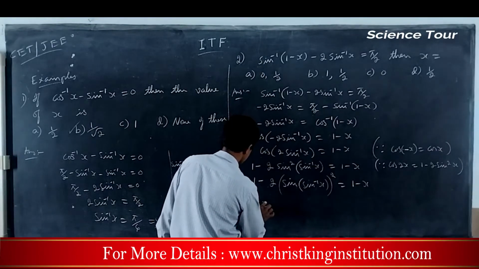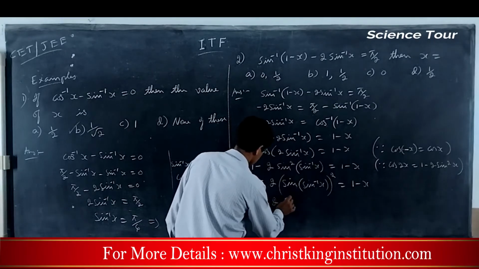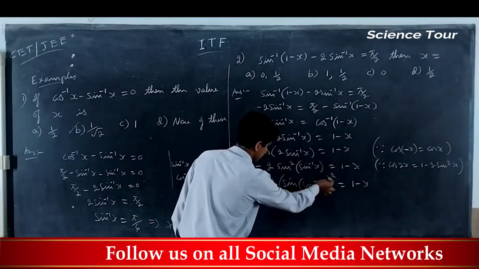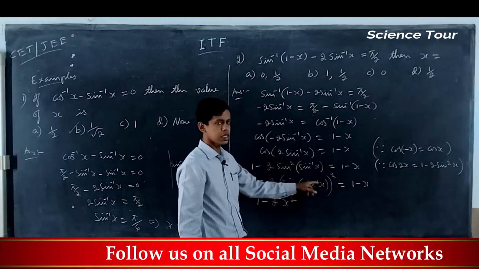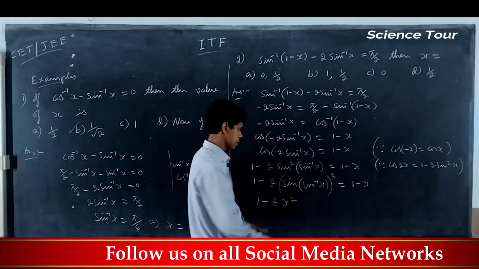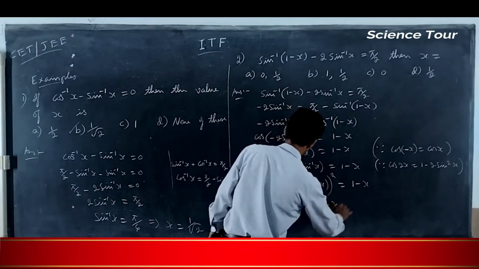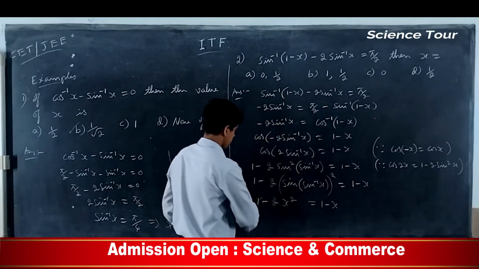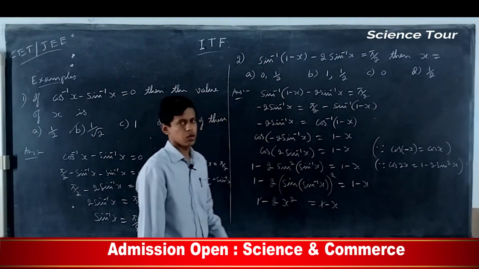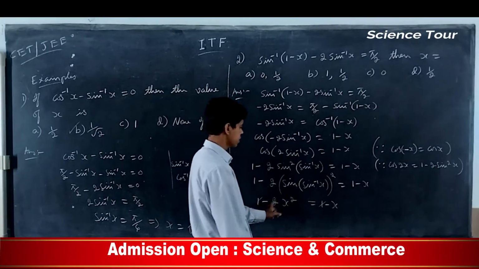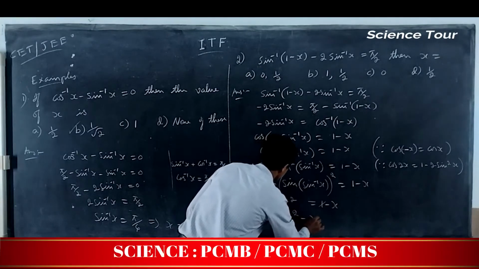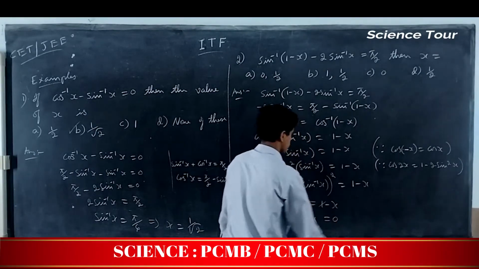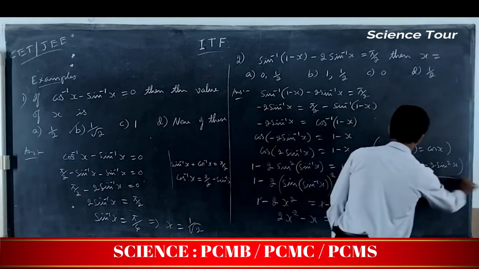So 1 minus 2x square, because sine of sine inverse x is x and that square is there, is equal to 1 minus x, correct? Now we can cancel 1 both sides. Minus 2x square I will take to the other side, so it becomes 2x square minus x equal to 0.